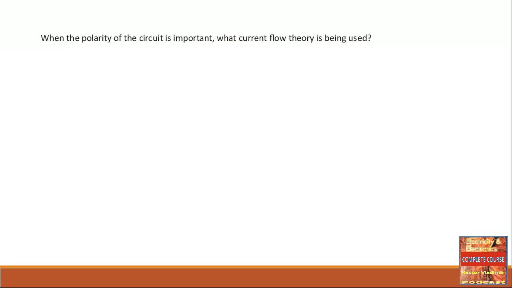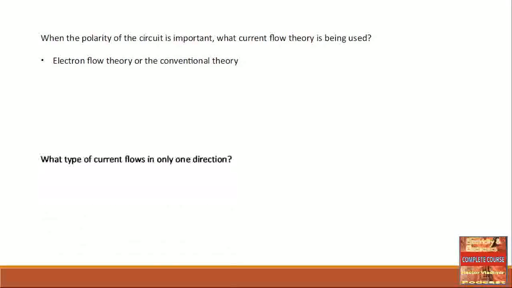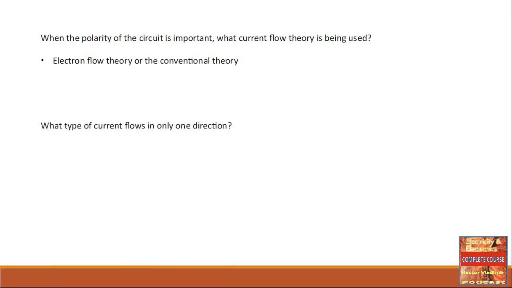When the polarity of the circuit is important, what circuit flow theory is being used? They are both the electron flow theory and the conventional theory. What type of current flows in only one direction? Direct current. What type of current alternates direction on a cycle?